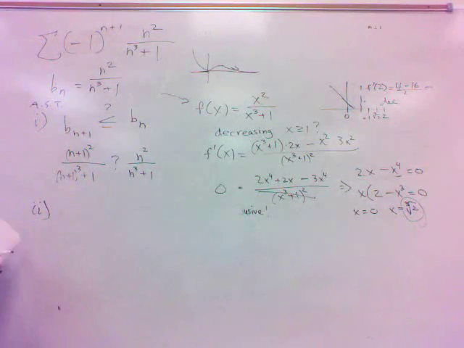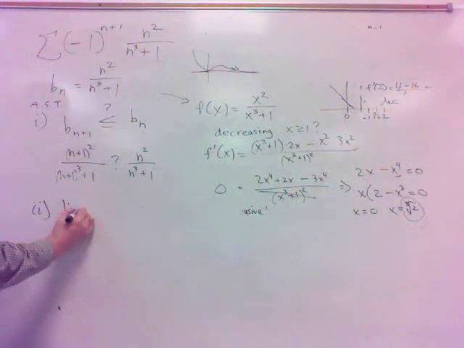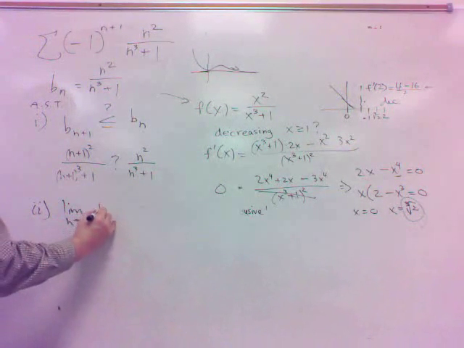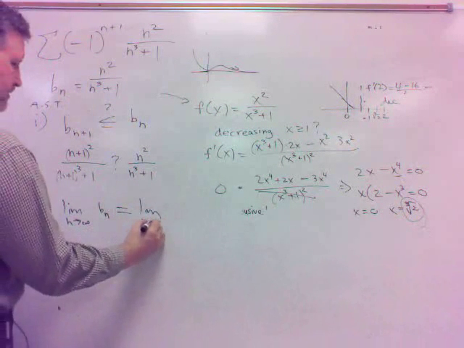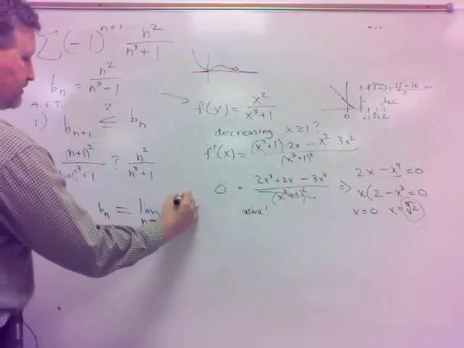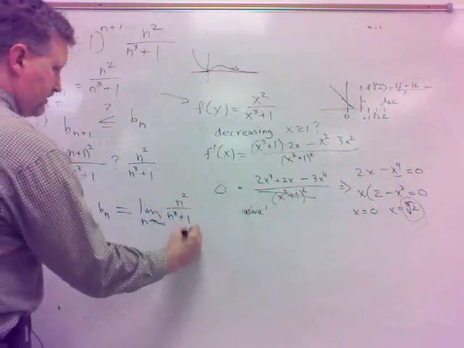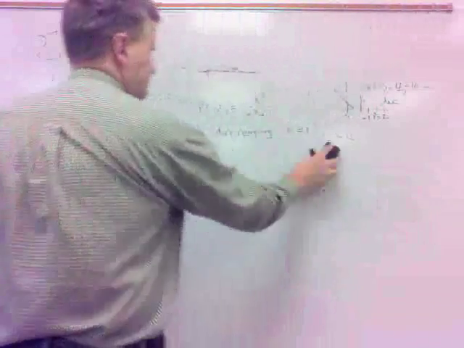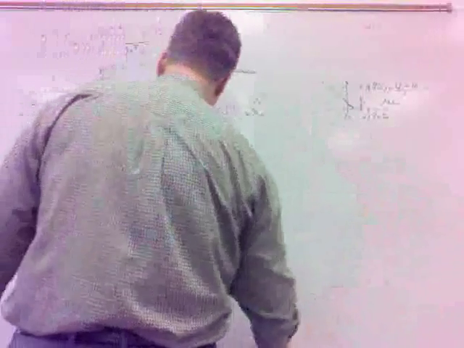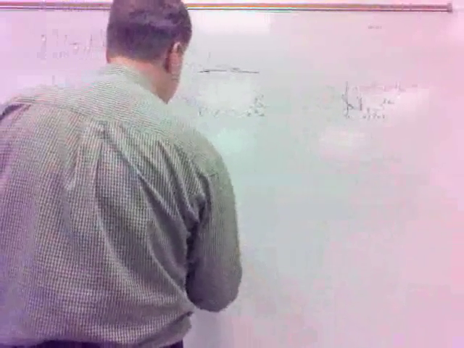Okay, so part 1 is we've got decreasing. So what else do we need? Part 2, the limit as n goes to infinity of b sub n. So we do n squared over n cubed plus 1, which is divide by n cubed.